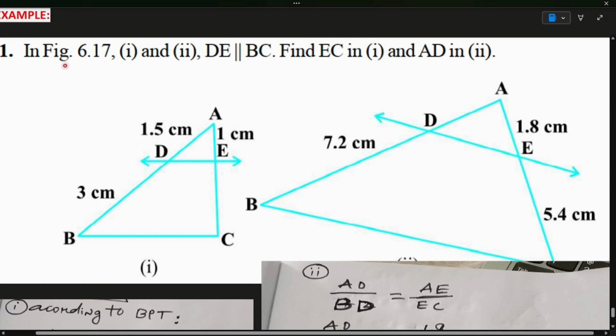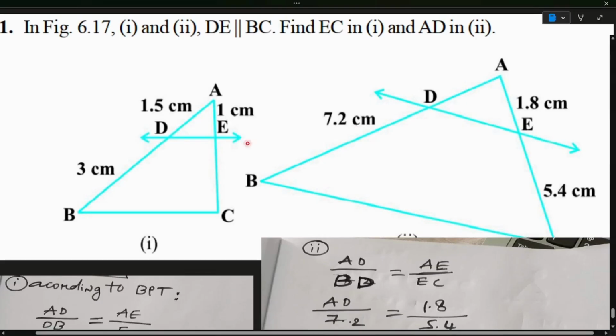In figure 6.17, parts 1 and 2, DE is parallel to BC. Find EC in figure number 1 and AD in figure number 2. We have to apply the basic proportionality theorem, also theorem 6.1. Theorem 6.1 simply says that in a triangle, any line parallel to one side of the triangle cuts the other two sides of the triangle at distinct points.